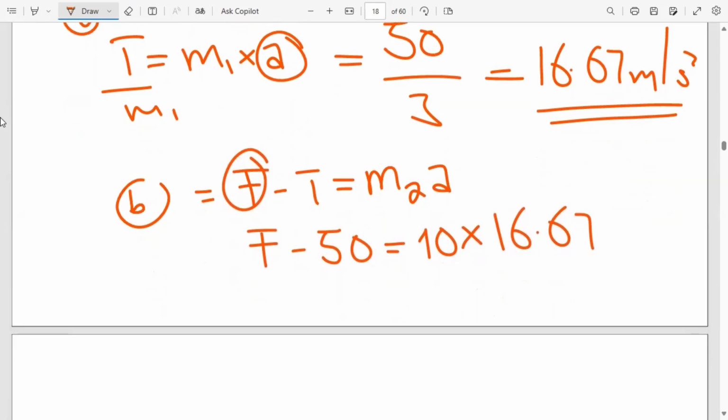Okay, so F will be equal to, I multiply this by 10, I'm going to get 166.7 plus 50.